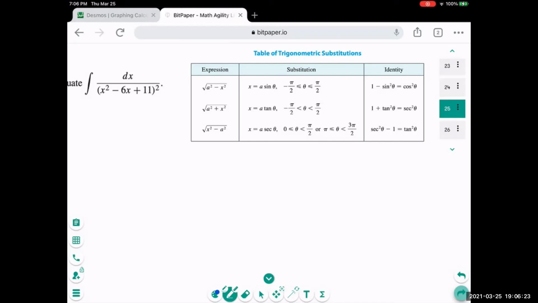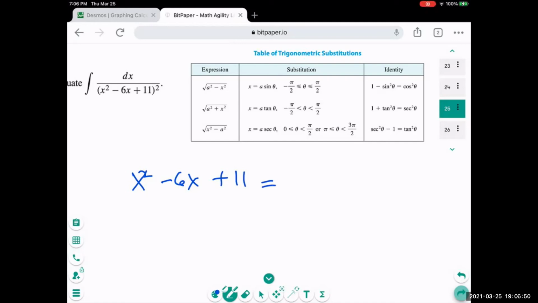So let's complete the square first. Bakit nga pala natin i-complete sa square? Because nakita natin yung polynomial na x squared minus 6x, yung quadratic natin is not a perfect square trinomial, right? So we cannot factor it out. So the best way to do is completing the square.